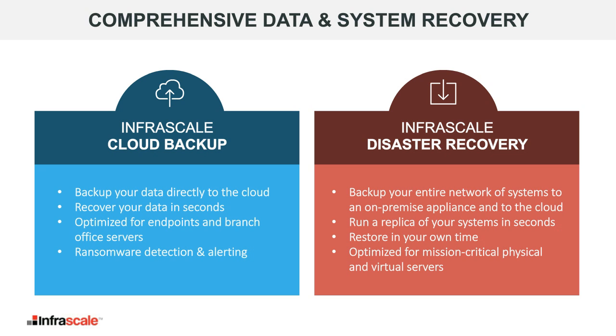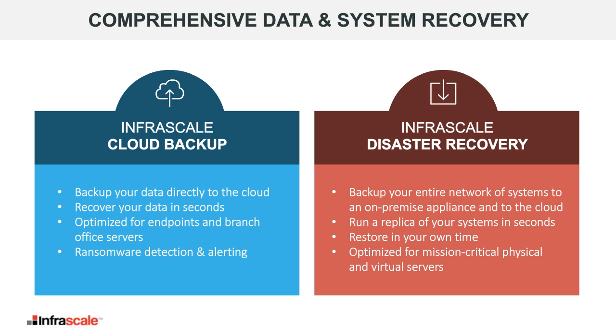So here at MForScale, these are the two options essentially that we offer: cloud backup and disaster recovery. With cloud backup, it's a direct-to-cloud solution. It's oriented around data and bare metal image backup. Typically speaking, for endpoint data protection, laptops, mobile devices, tablets, and it's optimized for small to medium businesses. Now on the right, you see MForScale Disaster Recovery.